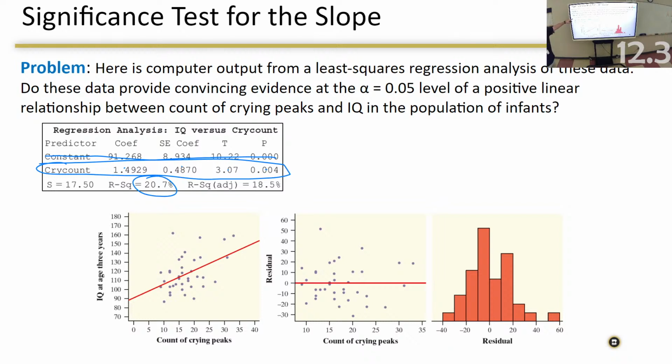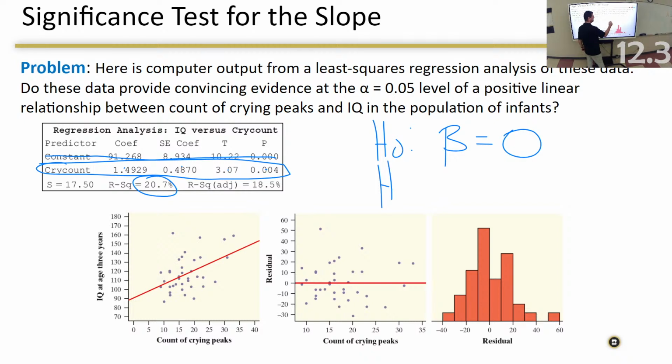Do these data provide convincing evidence at 0.05 of a positive linear relationship? Oh, H0: beta equals 0. Beta, don't put B, because B is the sample. Beta always alludes to the population.